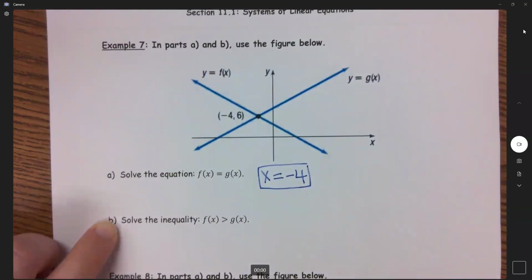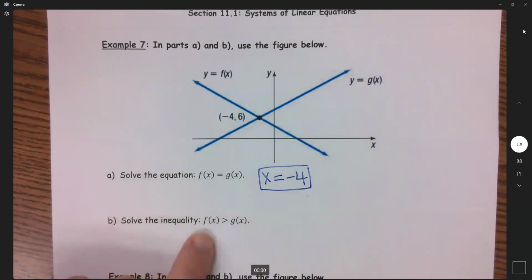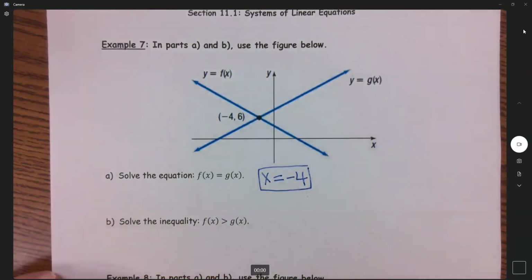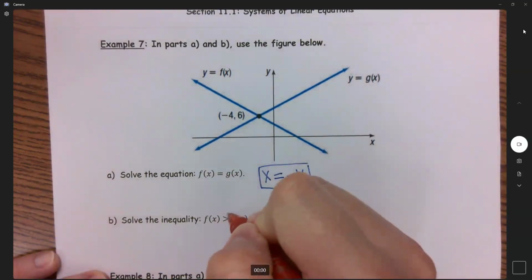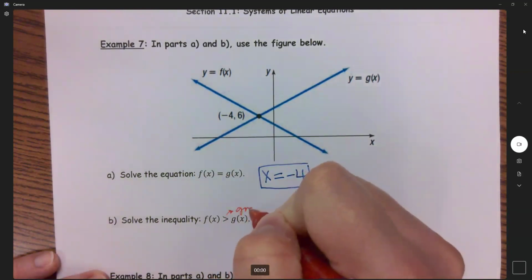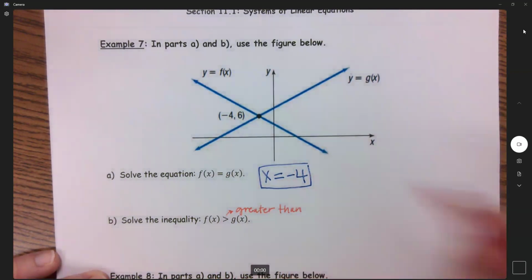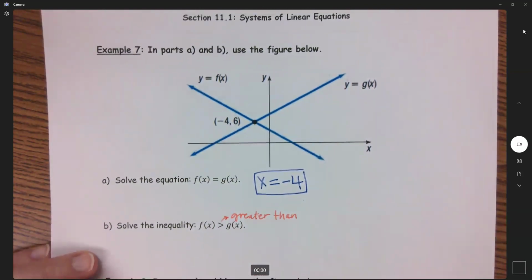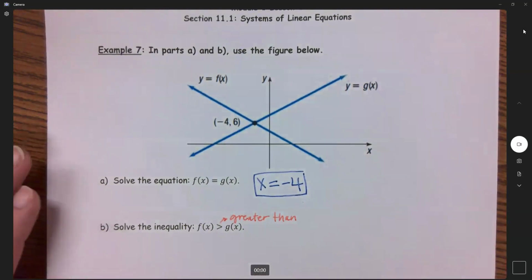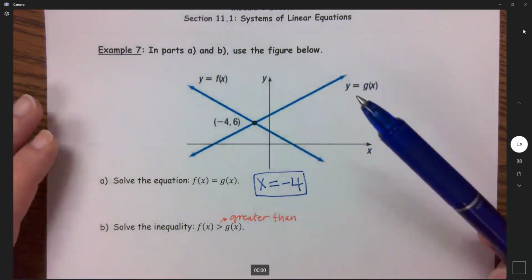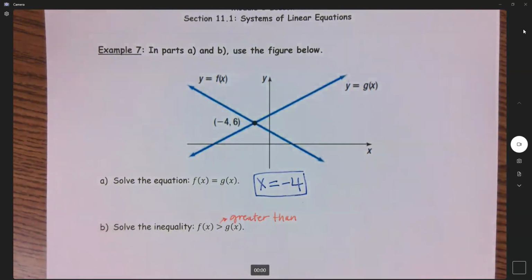Now solving the inequality, when f of x is greater than, which is what the symbol right here means, g of x. When I'm looking at that, I'm wanting to see where is my f of x function essentially on top of my g of x?